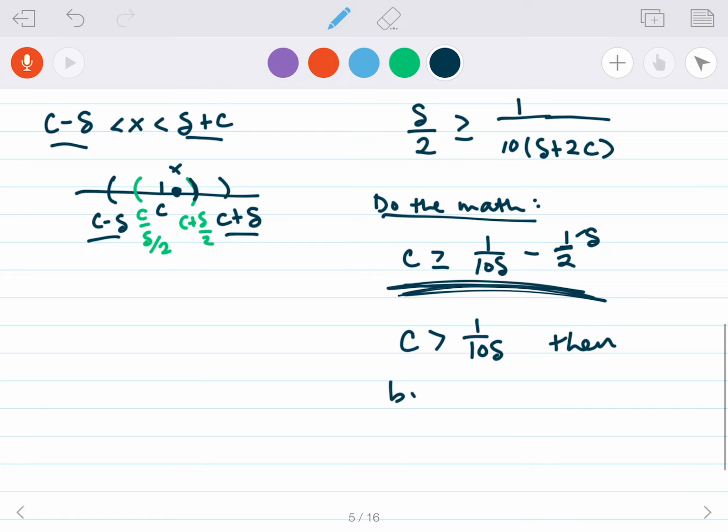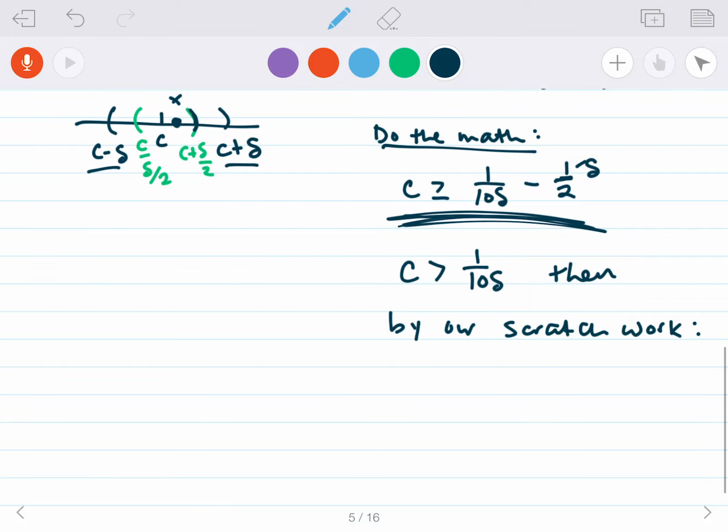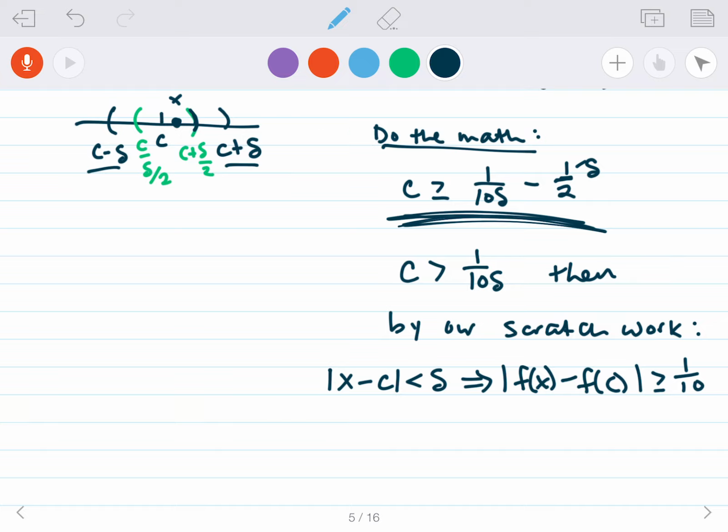Then by our scratch work, if we choose a c that is bigger than 1 over 10 delta, this is going to imply that whenever x is in this delta neighborhood, we have that f of x minus f of c is actually going to be bigger than or equal to the epsilon that we chose, which was 1 over 10.